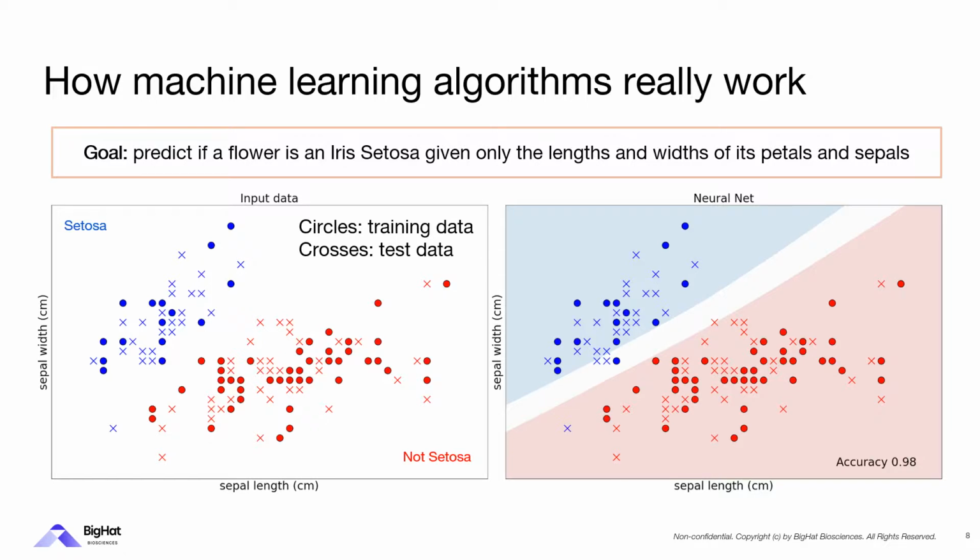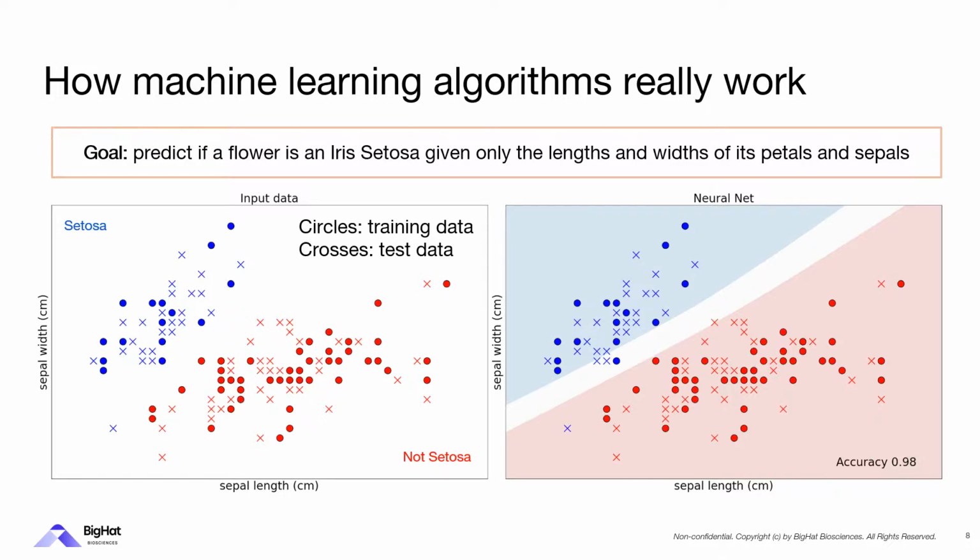And we give the example on the right now of using a very simple one-layer neural network to learn how to separate these two data sets. And conceptually, it produces this dividing line, which you see in white here, between the blue region, where it thinks everything is a setosa, and the red region, where it thinks everything is not a setosa.